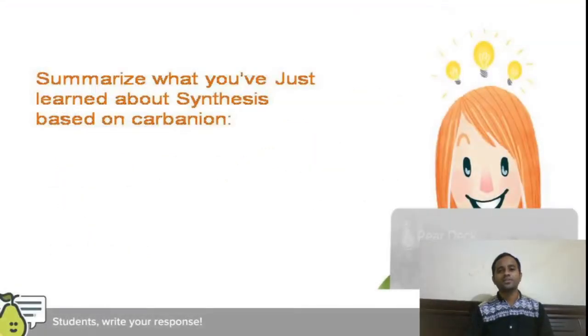And if you try to summarize what we have learned in this video presentation regarding the synthesis based on carbanions, the important points are similar to those of acetoacetic ester. Our malonic ester is also an example of an active methylene compound. It is an important synthetic reagent from which we can synthesize many products.